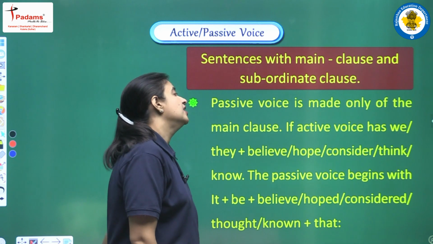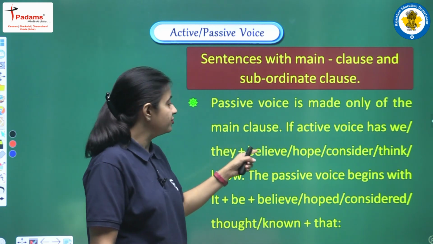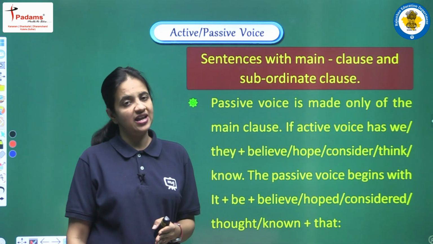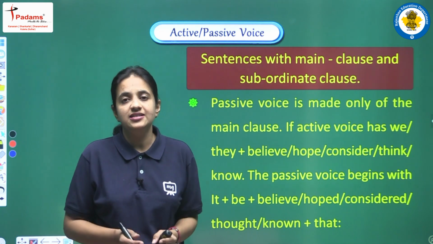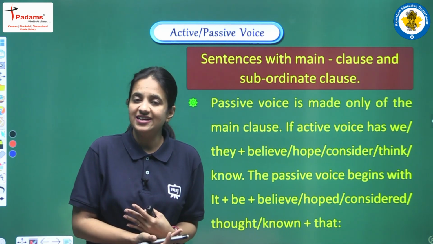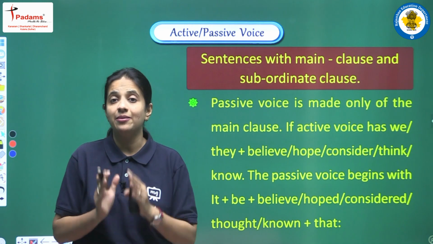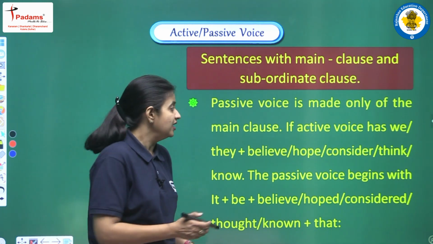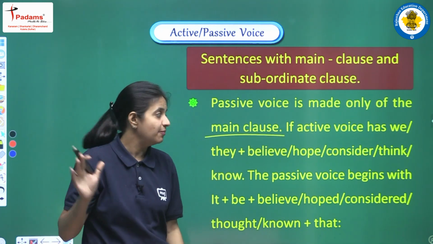So let's read. Passive voice is made only of the main clause. So if we are having two clauses in the sentence and we are converting that sentence into passive voice, just remember that you have to convert the main clause only in the passive voice.